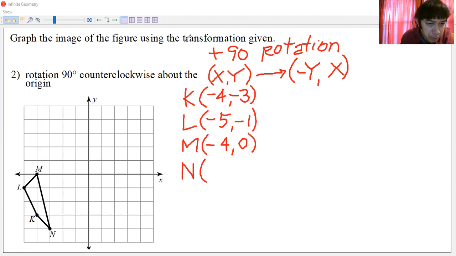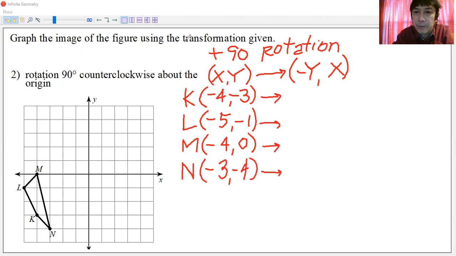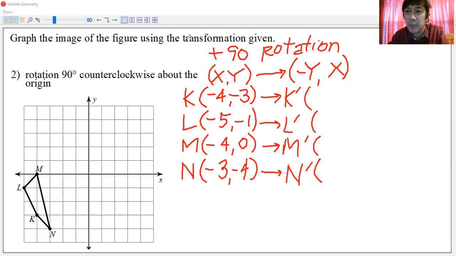Point N is -3, -4. Now we're doing the points for the image. The points on the screen are the pre-image, and so we are now going to have K prime, L prime, M prime, and N prime, the points for the image. Image is the result. Pre-image is the given.